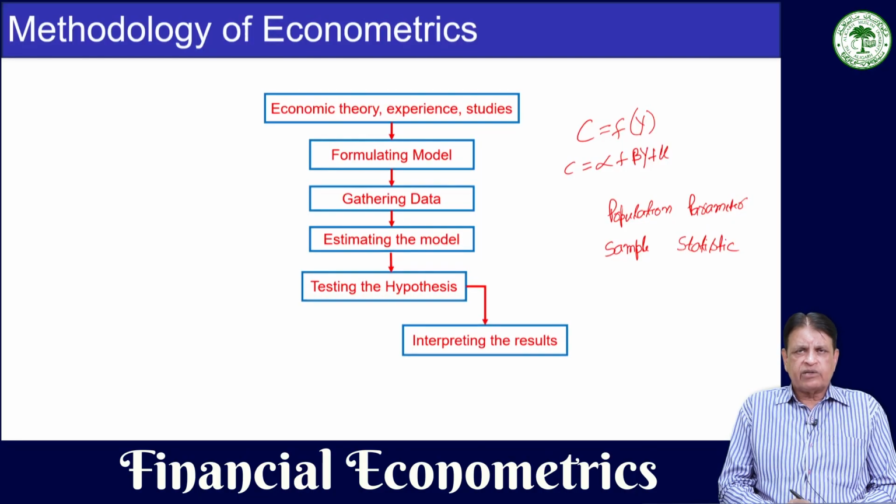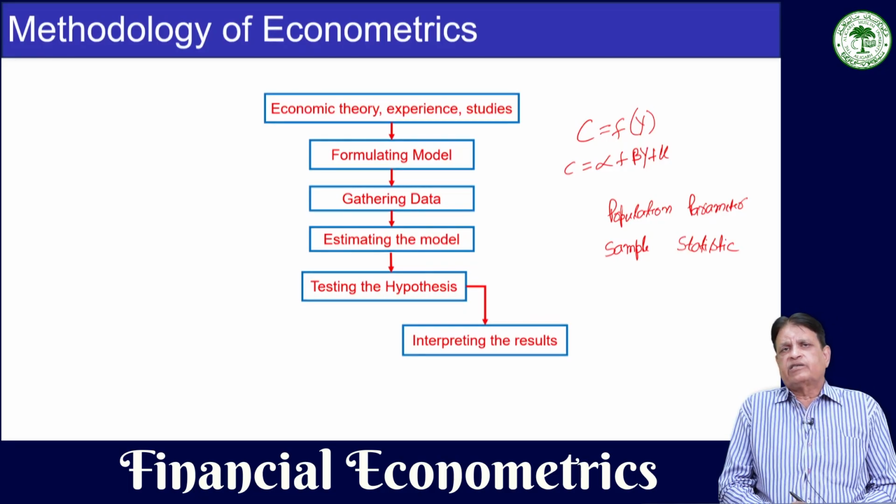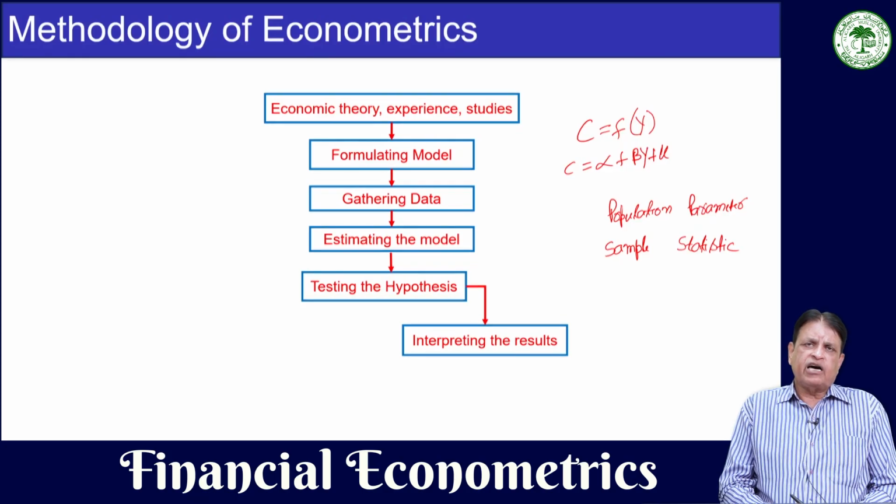Then after carrying out the statistical test, we go for the econometric test, that is, we use econometric criteria to evaluate the estimates. The estimates are evaluated using econometric criteria because they are based on certain assumptions.